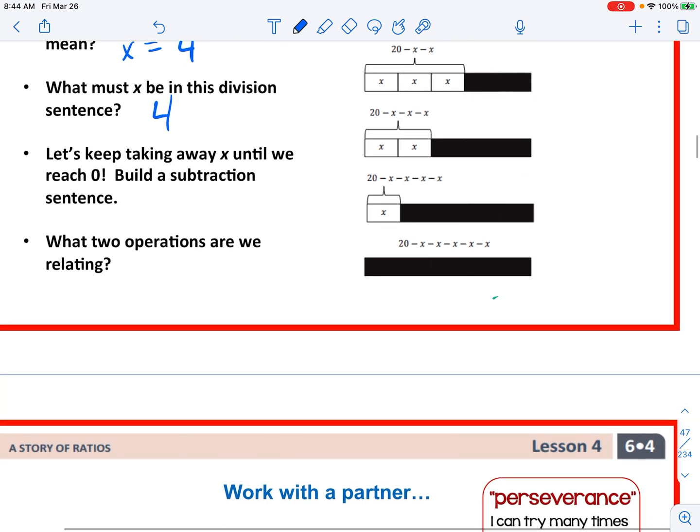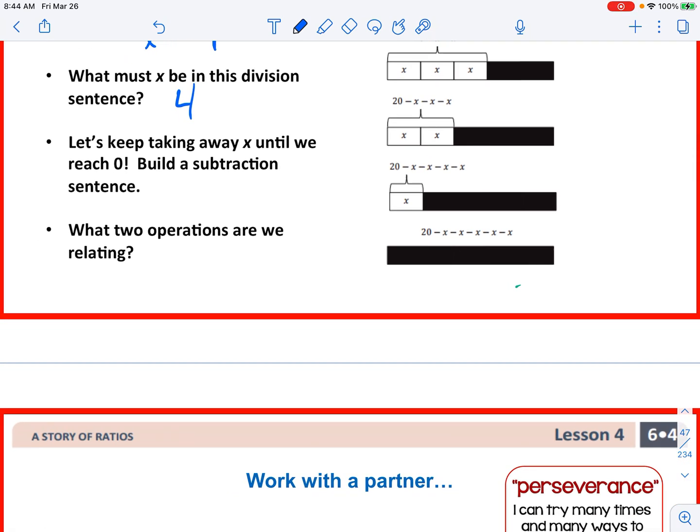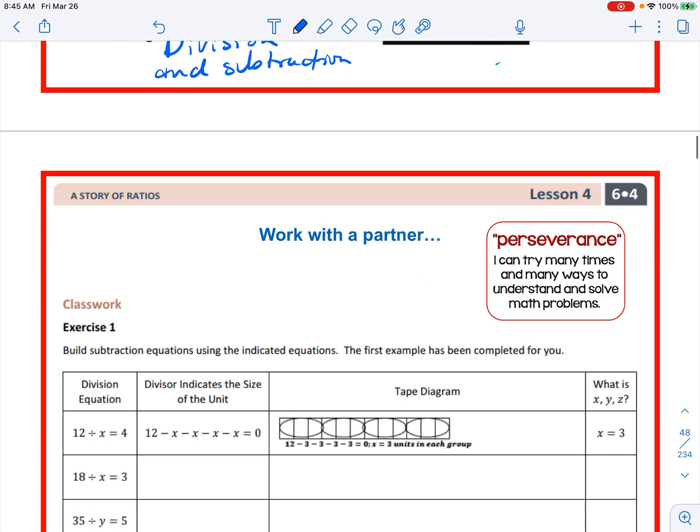All we have left is x, and then if you subtract x 5 times from 20, then you're going to end up with 0. So what two operations are we relating? We are relating division and subtraction. That is what we are relating.